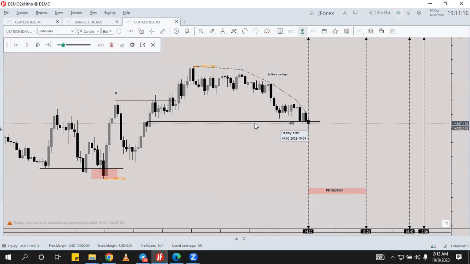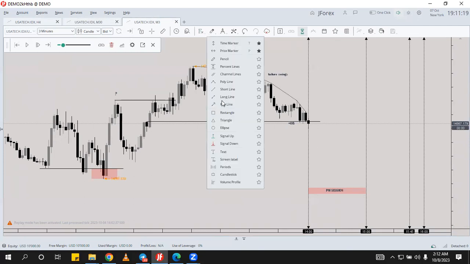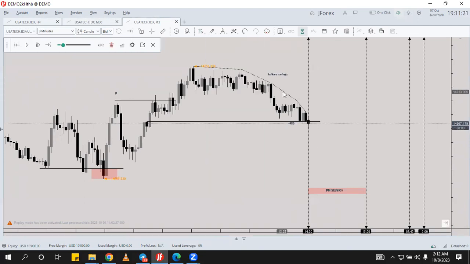So now for the confirmation, what we want to see is a market structure shift. So we want to see price breaking that level there, right?